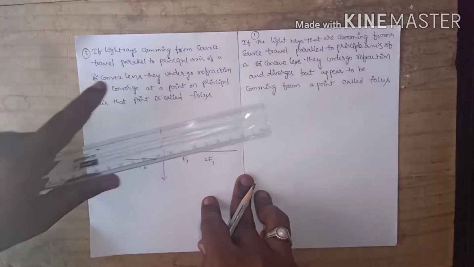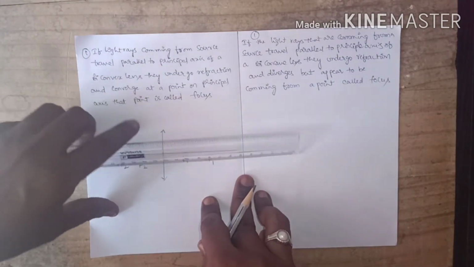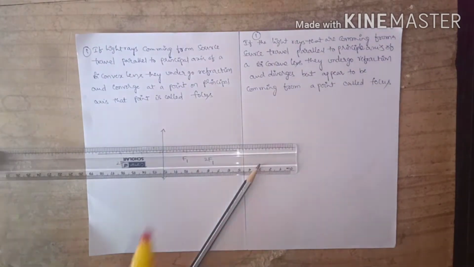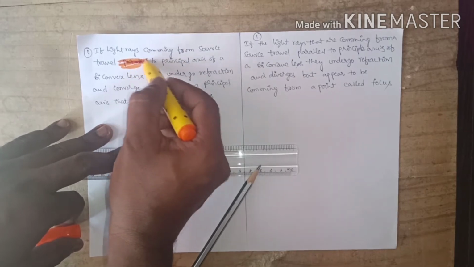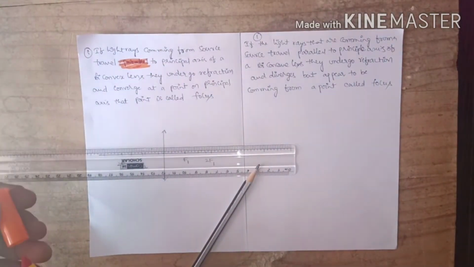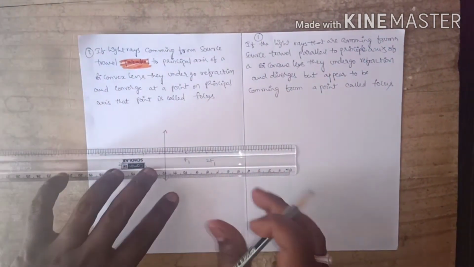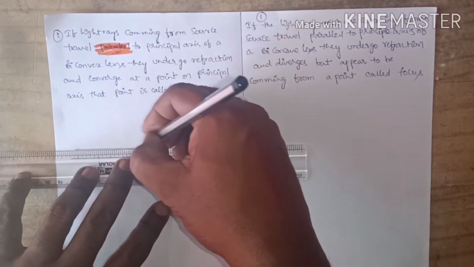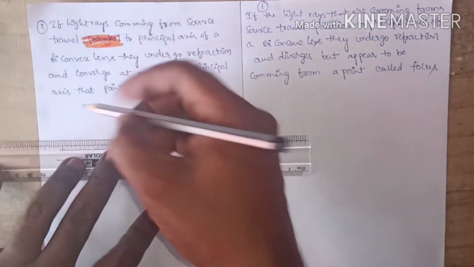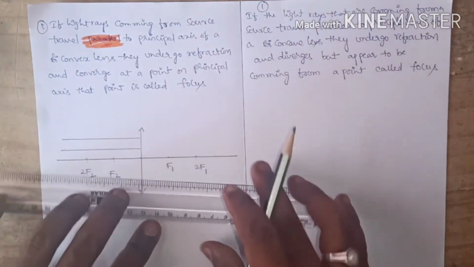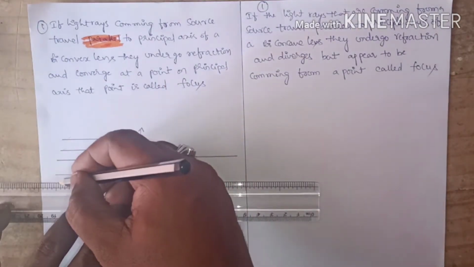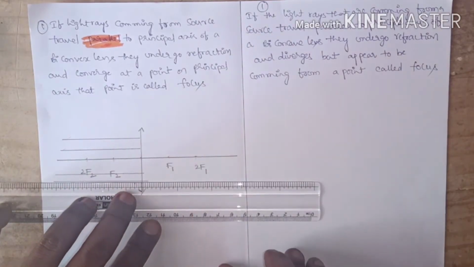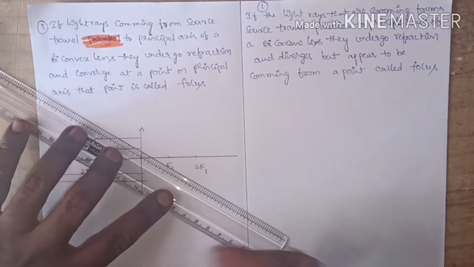Here, the light rays are traveling parallel to the principal axis. Then what happens? If the light rays travel parallel to the principal axis of a biconvex lens, they undergo the process of refraction. Refraction is nothing but bending.